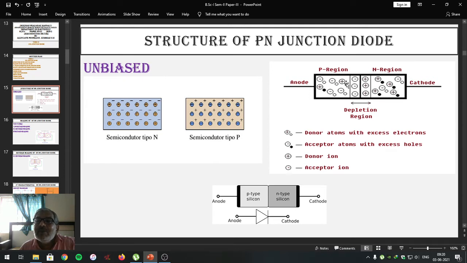Similarly, when a hole jumps from the P region into the N region, it will come in contact with the positive ion, and it will also get reflected back. Thus, the charge carriers, that is holes in the P region and electrons in the N region, will start depleting from each other, so that at the center a junction is formulated.